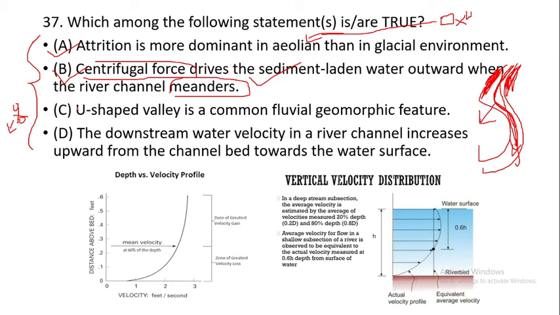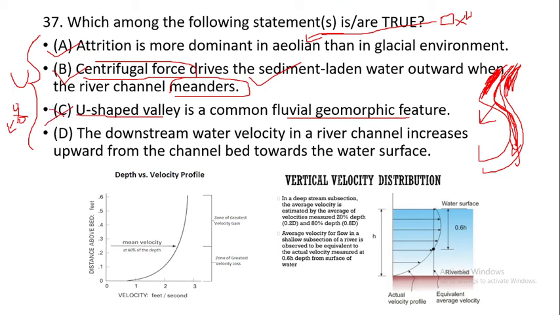Next is, U-shaped valley is a common fluvial geomorphic feature. We need to find that, U-shaped valleys. There are various valleys. U-shaped valleys, are they a fluvial geomorphic feature? Of course, as we know from prior knowledge of geomorphology, the statement is wrong. This is completely wrong.